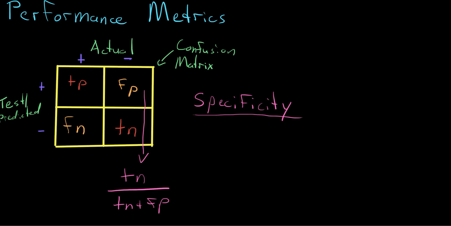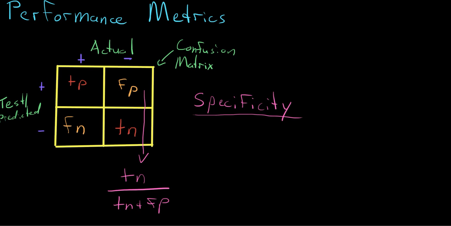Okay, so here we have all the actual negative cases. Let's go back to our HIV example. Of all the people that are actually negative, how many did we get correctly? How many true negatives are there? Say we had 10 total. If you add up the true negatives and false positives, that was 10, and we got 8 out of 10 correctly with our true negatives.